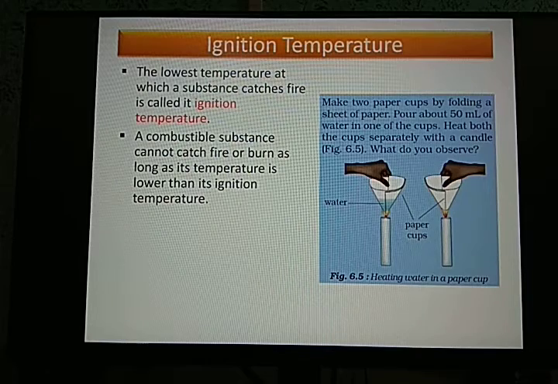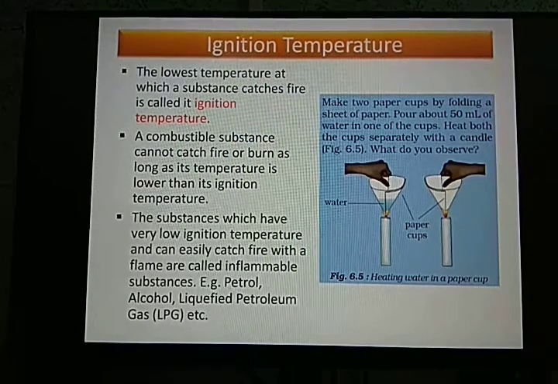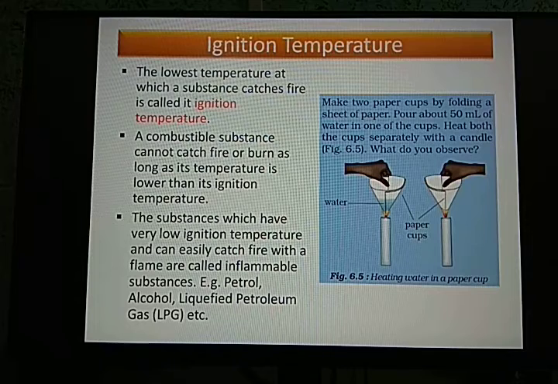Clear? Now next, the substances which have a very low ignition temperature and can easily catch fire with a flame are called inflammable substances. In this case, you can say that the empty paper cup was inflammable and the paper cup with water was not that inflammable, so it had a higher ignition temperature than the empty cup.